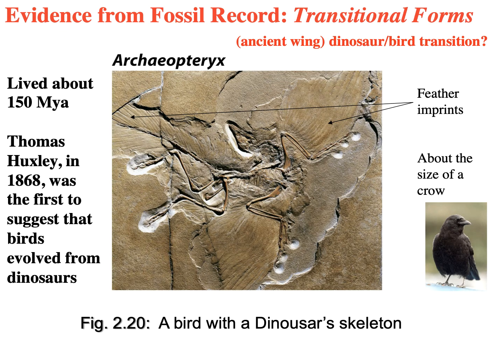In the 1800s, a very unique fossil was found in Germany, and it looked like a dinosaur, but it had wings, and you could see the feather imprints in the fossil. This was the first time anyone ever found a fossil of a dinosaur or dinosaur relative that had wings.